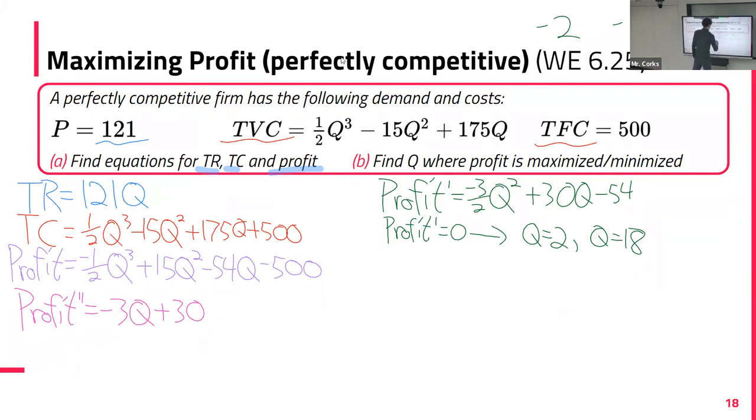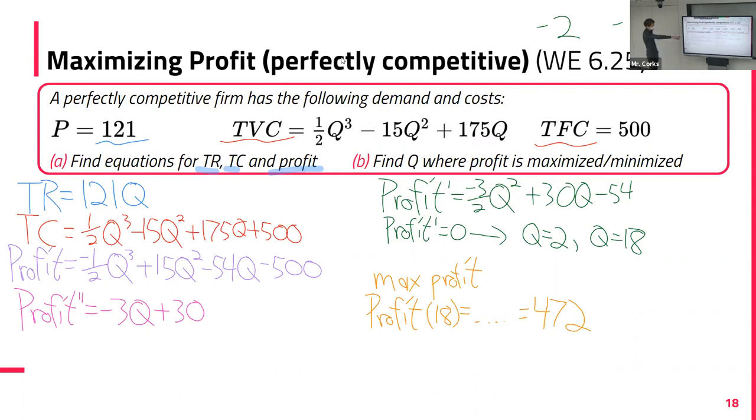$472. So max profit, we're saying, is happening when we calculate our profit equation for when Q is equal to 18 and substitute Q into this whole thing, and 472.